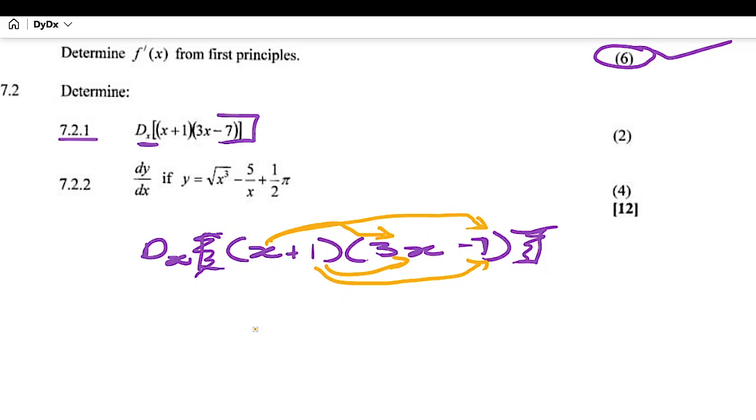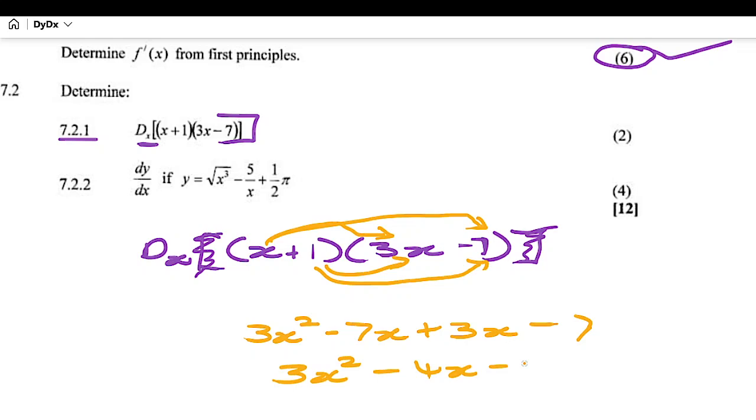Here it will be 3x squared, and then you have minus 7x, and you have plus 3x minus 7. Isn't that right? Minus 7. And you can simplify if you want. So you say 3x squared minus 4x minus 7.